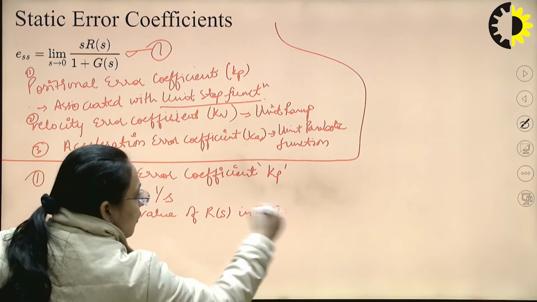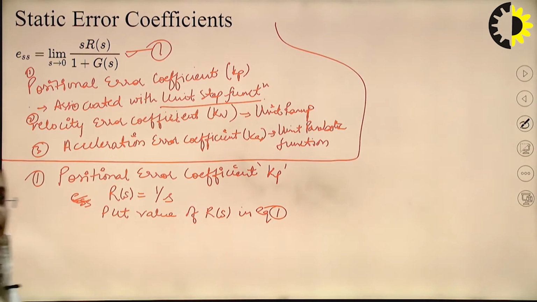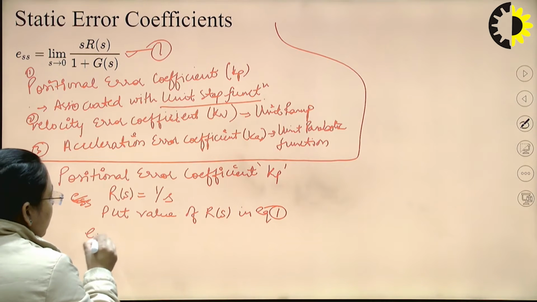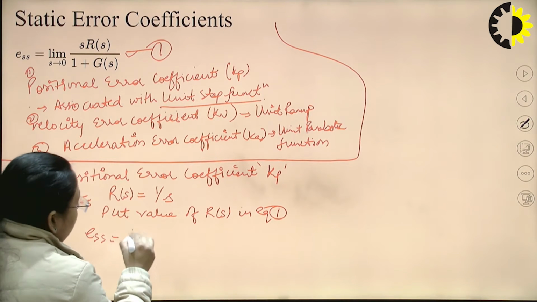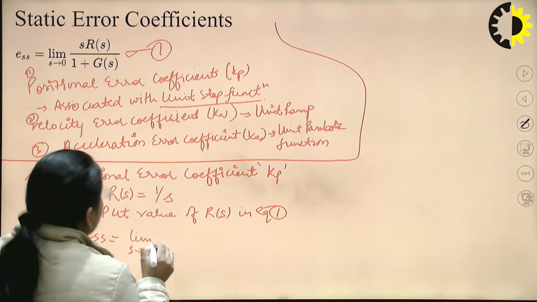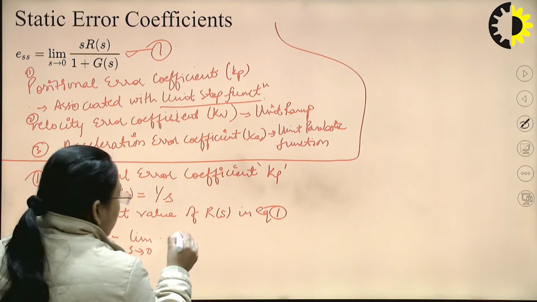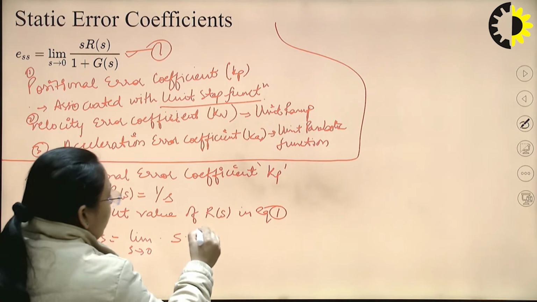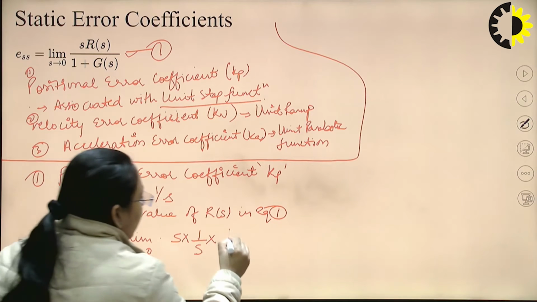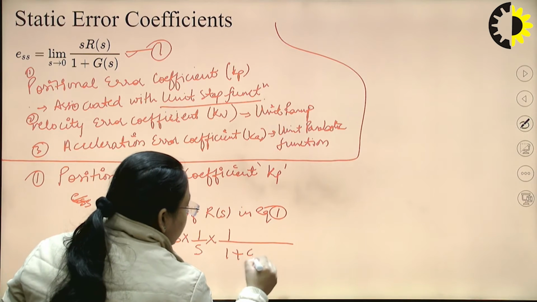So put the value of R(s) in equation 1, the standard equation for the steady state error. ESS will be equal to limit s tends to 0 of s into 1 by s into 1 upon 1 plus G(s).